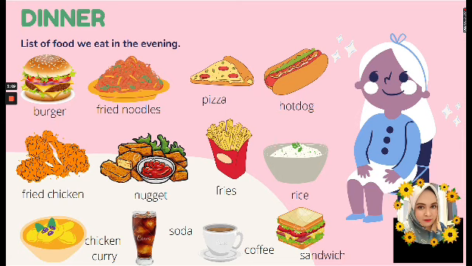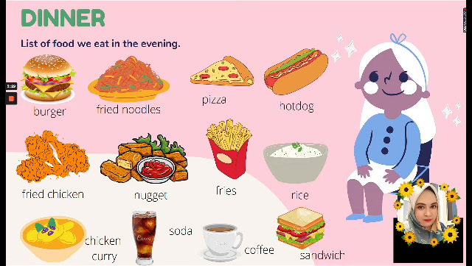So the list of food, sometimes we eat a heavy food for dinner, but sometimes we eat normal food like burger, fried noodles, mi goreng, bihun goreng, kuetiau goreng, and then we have pizza, hot dog, fried chicken.